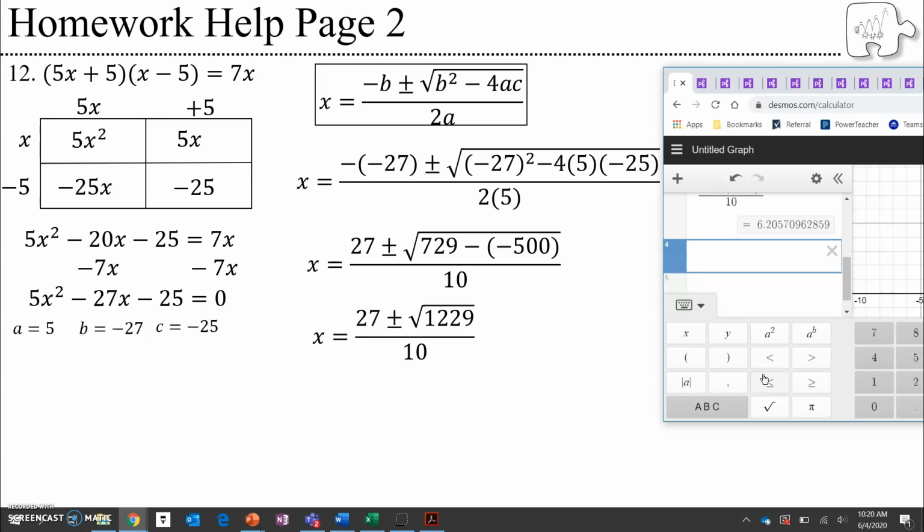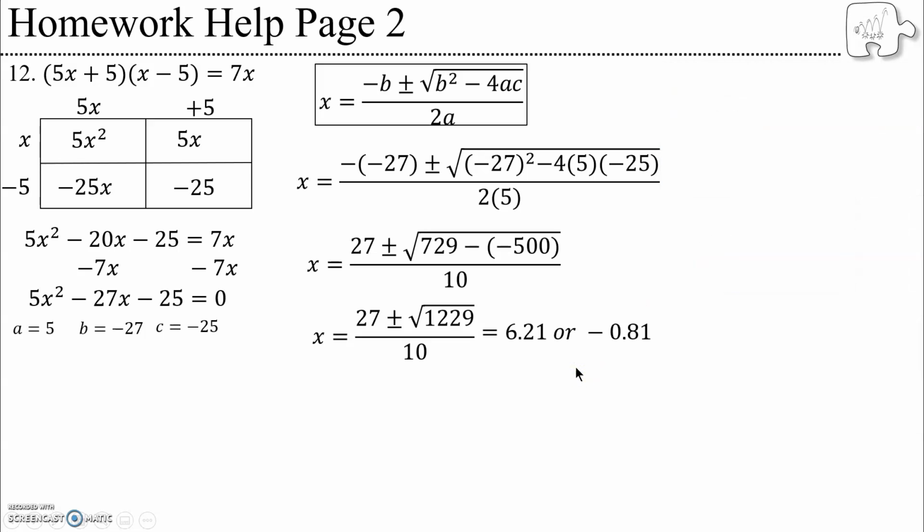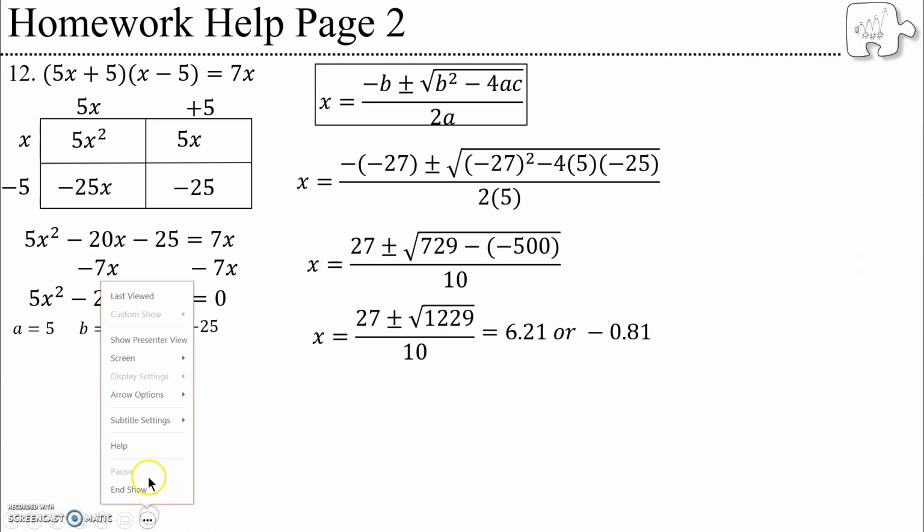Then we're going to do the same thing. We're going to say 27 minus the square root of 1229 all over 10. We get negative 0.85. So, negative 6.21.